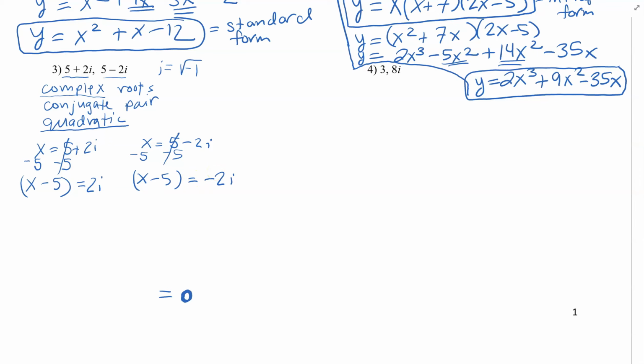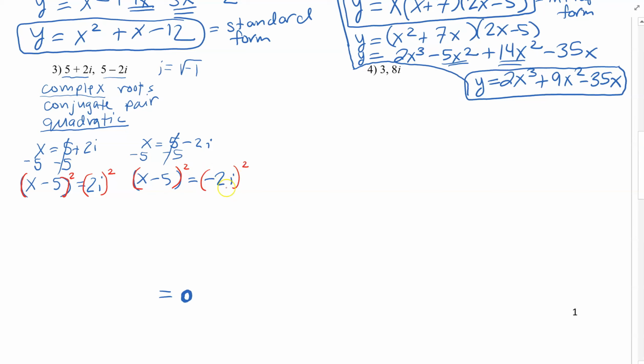Now remember, when we start with a quadratic factor, it doesn't have i in it. It only has rational numbers in it. So what I'm going to do with both of these is I am going to square both sides, right? Square both sides.